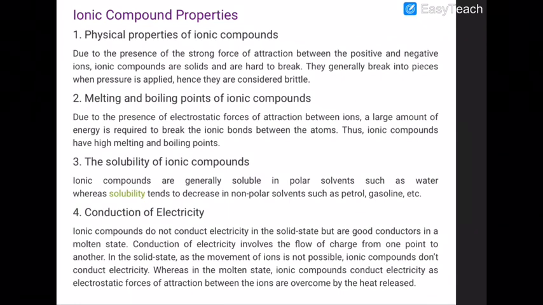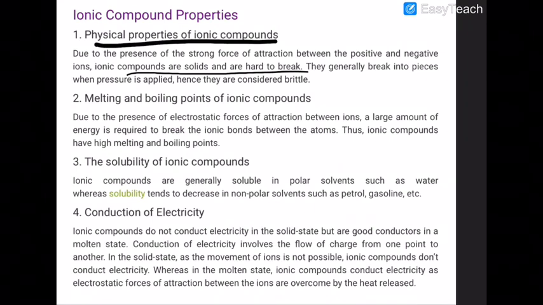Again repeating it, the physical properties of ionic compounds: due to the presence of very strong attractive forces between the positive and negative ions, ionic compounds are solids and hard to break. They generally break into pieces.